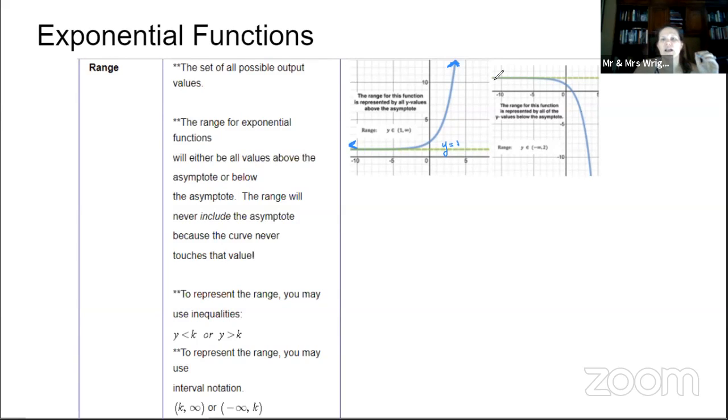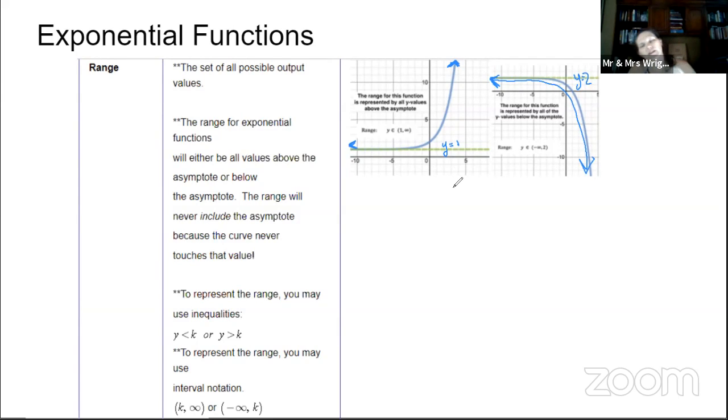The other is a decay. See, this is decay right here, because it's going down. In this case, the asymptote of y equals 2 is at the top, and the graph is going downwards to get away from the asymptote. And then over here, as it approaches y equals 2, it's getting closer and closer and never touches it.